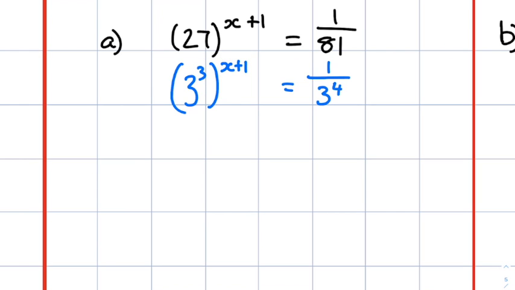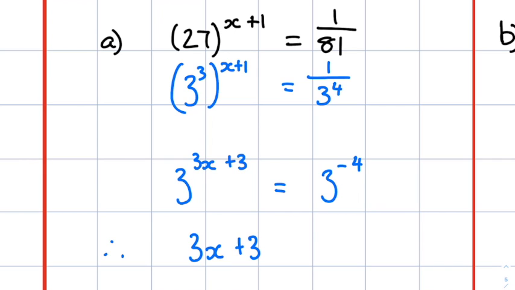So 3 to the power of 3x plus 3 is equal to, on the right hand side, 1 on 3 to the power of 4, which just becomes 3 to the power of negative 4. Now that I've written the equation with the bases the same, we can conclude that 3x plus 3 has to equal negative 4.